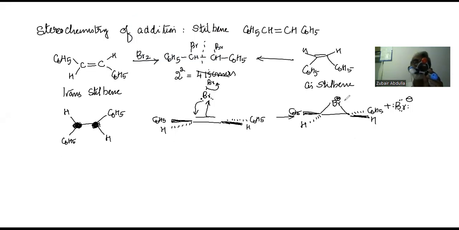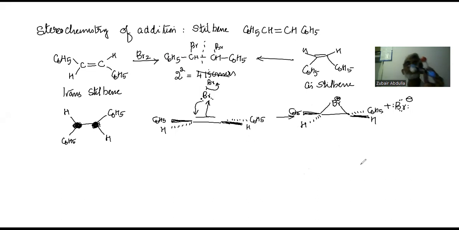Since the Br is on the upper side, you can expect this C6H5 and this H to bend a little down, just like this also. Slightly down. Okay. Now what happens?